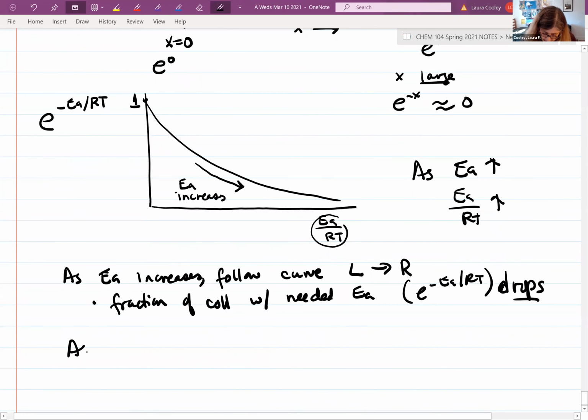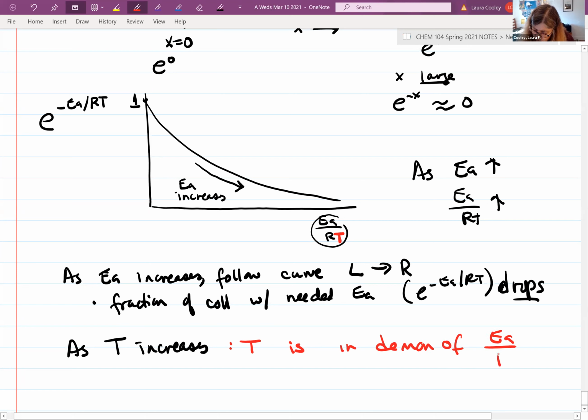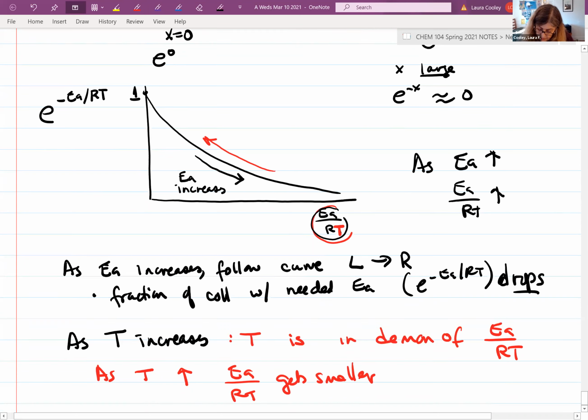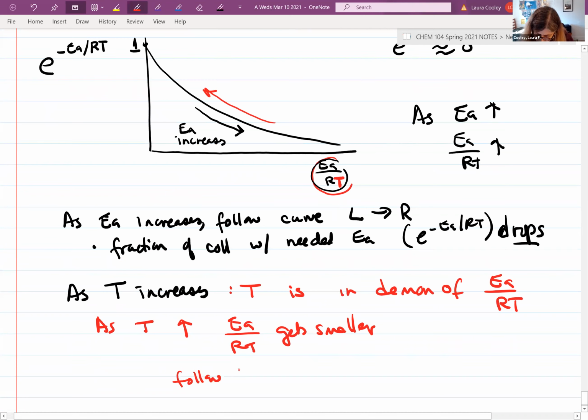What happens as the temperature increases? Now, temperature is in the denominator of Ea over RT. So as T increases, Ea over RT gets smaller. So we're going to follow the curve from right to left.